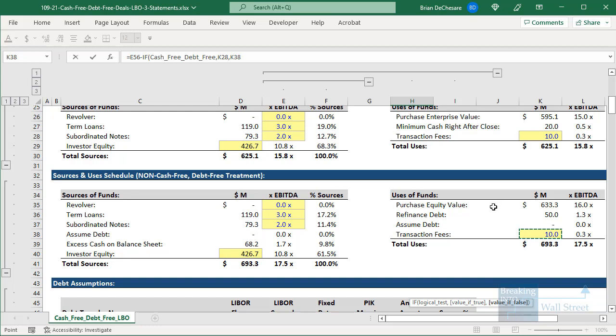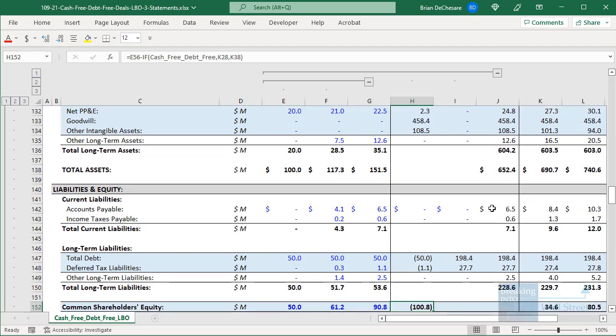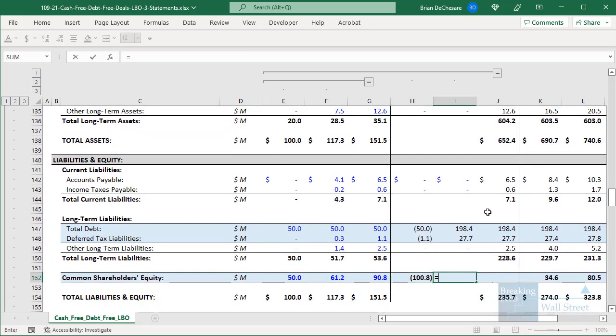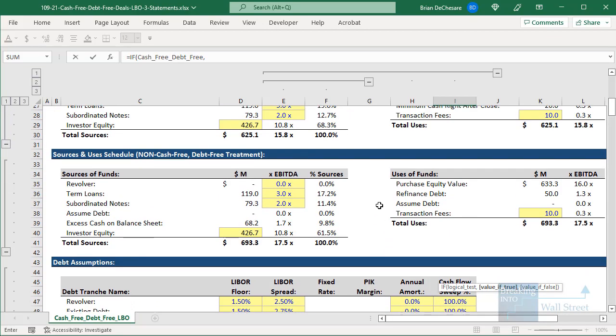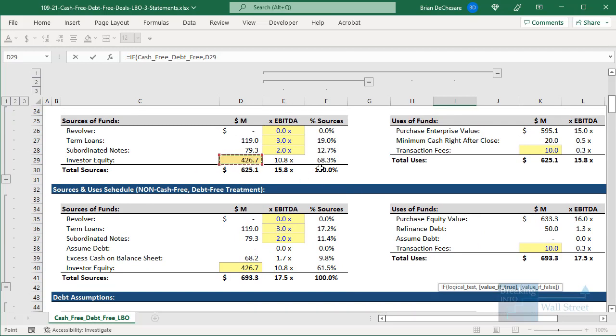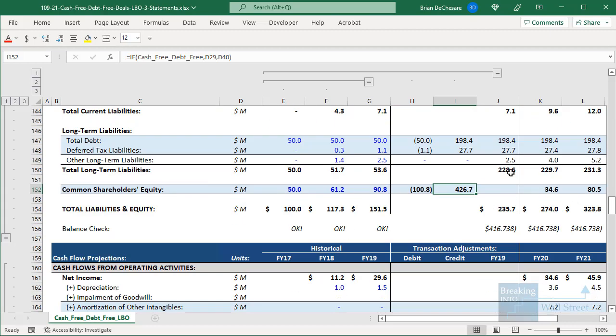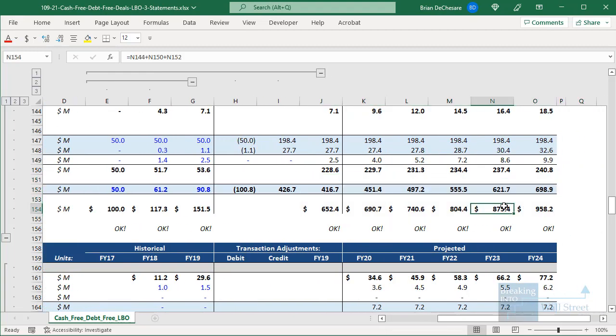This isn't really necessary because the fees are always going to be the same regardless of the deal type, but just to make sure this is proper, we're doing it like this. Same idea with the credit column over here. We'll check to see if it's a cash-free, debt-free deal, and if it is, we link to the investor equity in this schedule. If it is not, then we link to the investor equity here. But again, these should be exactly the same. And then we can link this down, and now we can see that the balance sheet balances correctly.